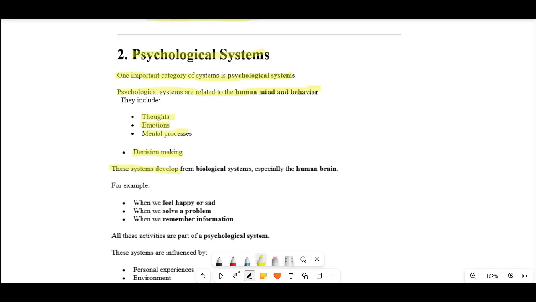These systems develop from biological systems, especially from the human brain. For example, when we feel sad or happy, or when we solve a problem, or when we try to remember some information, all of that belongs to our psychological system. So all these activities are part of the psychological system.